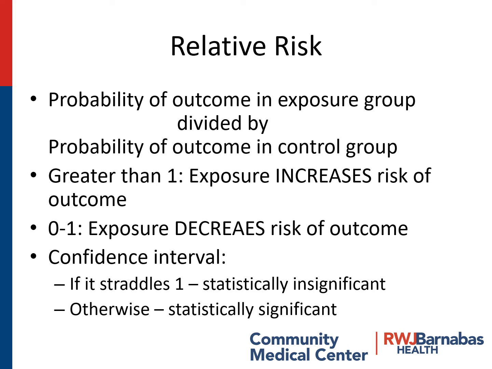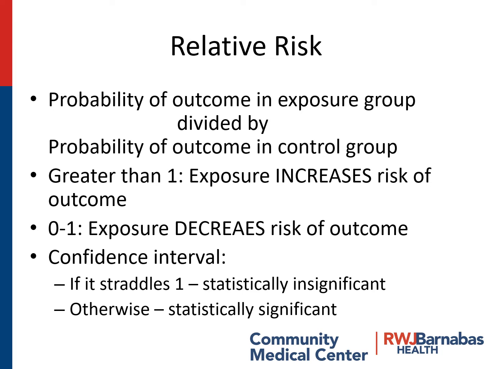Relative risk, on the other hand, is the probability of the outcome in the exposure group divided by the probability of the outcome in the control group. So that means instead of 0 being the null state, 1 is the null state, because something divided by itself always equals 1.